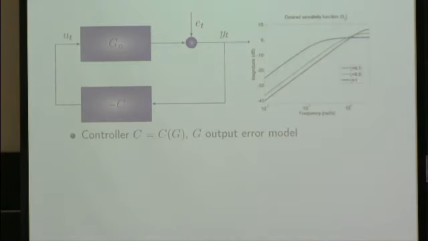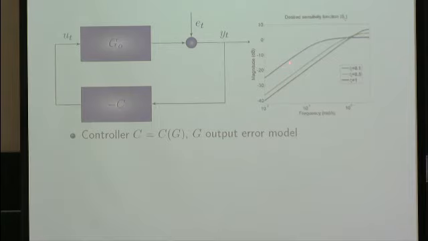So here's an example. This is another control algorithm, called model reference control. The objective here is to design the controller that sits here such that the frequency function from the disturbance to the output looks something like this. So what it means is that we are trying to attenuate disturbances at low frequencies up to a certain bandwidth.